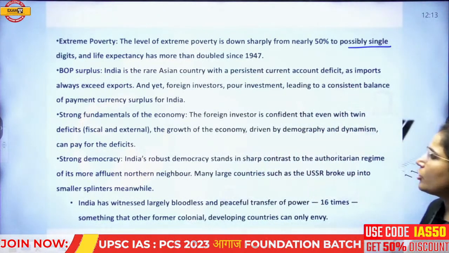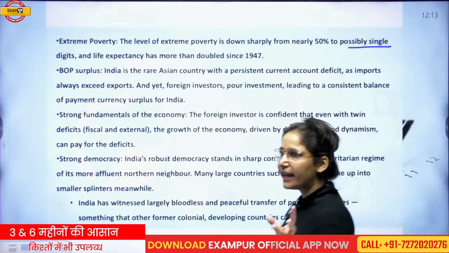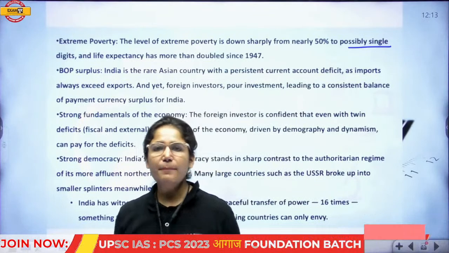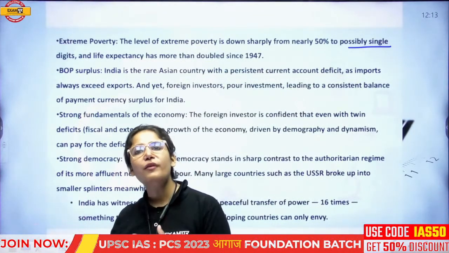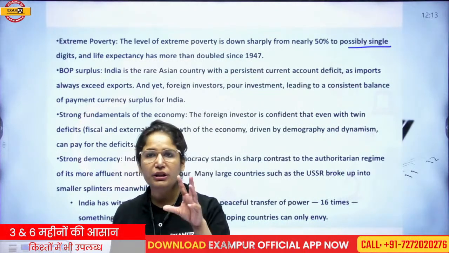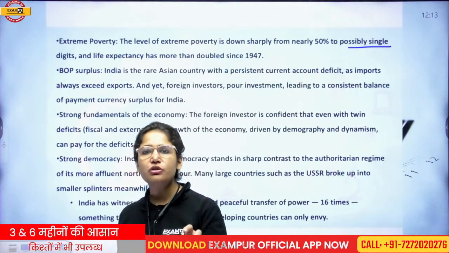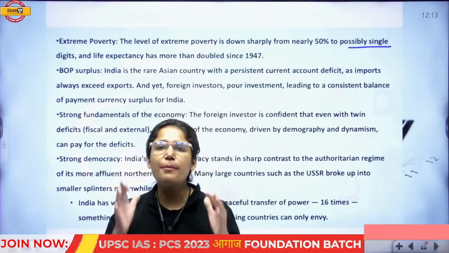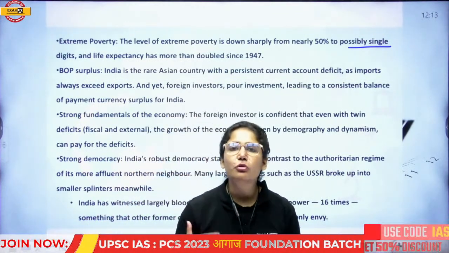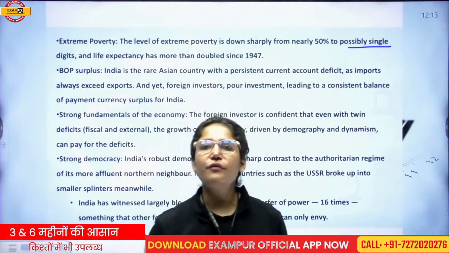Next point is all about BOP surplus. Means you need to take out the keys out of the concept I am telling you. Getting my point? It has to be written in 250 words. I am going to elaborate every single point, but you need to choose and utilize maximum information in a smaller glance, that you should be aware of how to make it. It would come out of the practice.